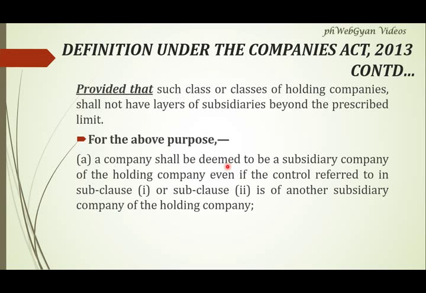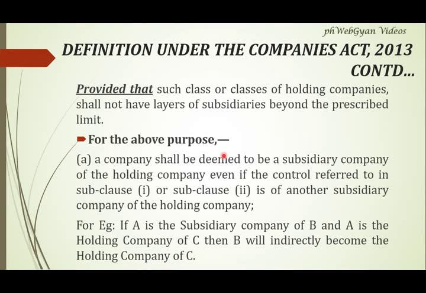So we are going to take one example wherein we'll take three companies A, B and C. Let's see. So it says that if A is the subsidiary company of B, and A is the holding company of C, then B will indirectly become the holding company of C, because A is having the control over C and B is having the control over A. So B will automatically become the holding of C without having any direct control, as mentioned in subclause 1 or subclause 2 of the definition.